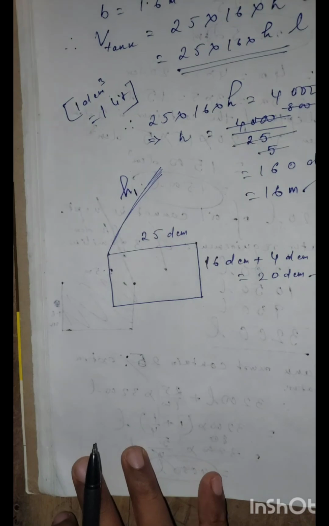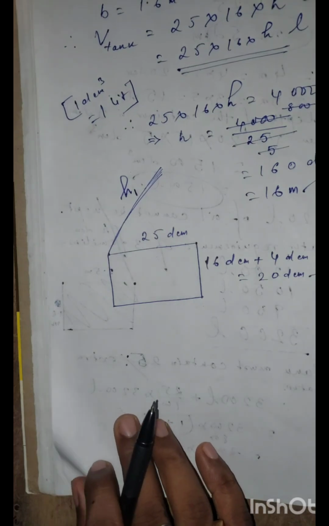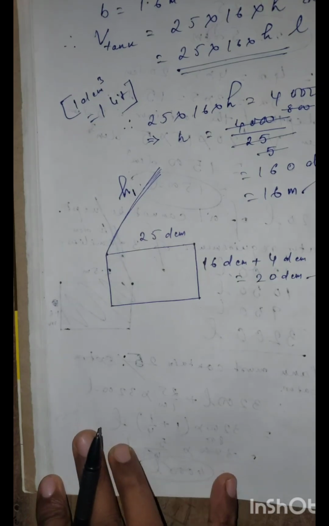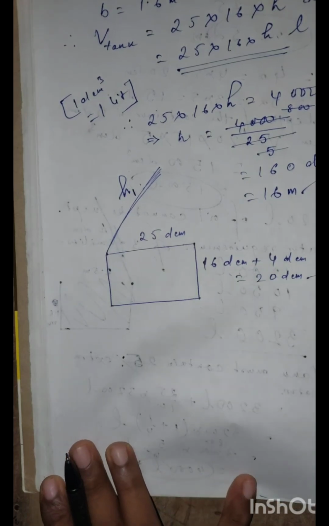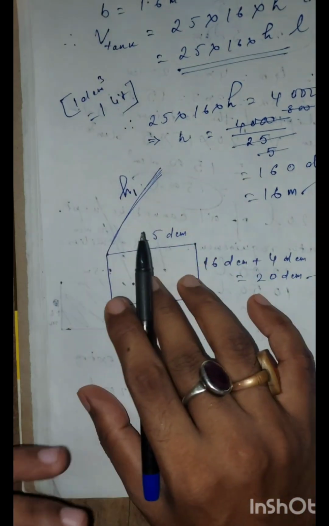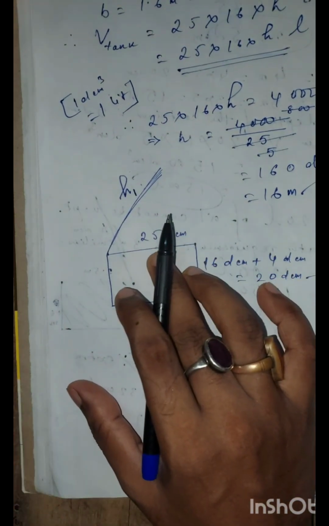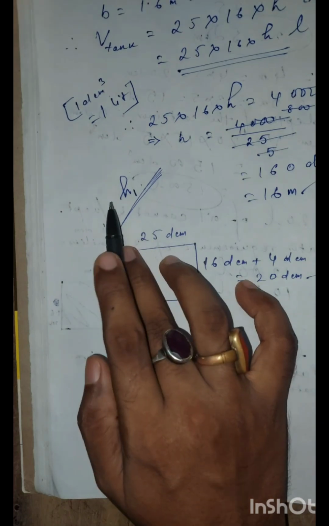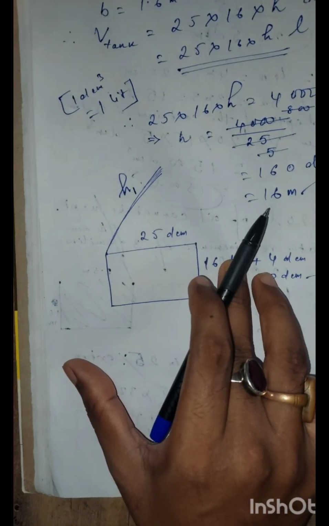So we can easily understand that if the area of the base increases, then to accommodate the same volume of water we need a height which is less than the previous height. So the height must be below 16 meter.